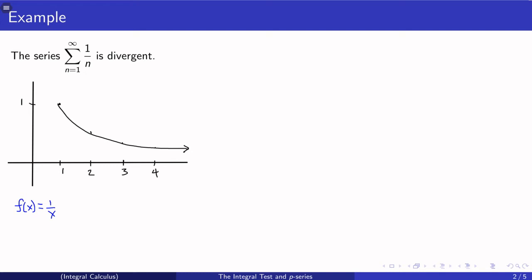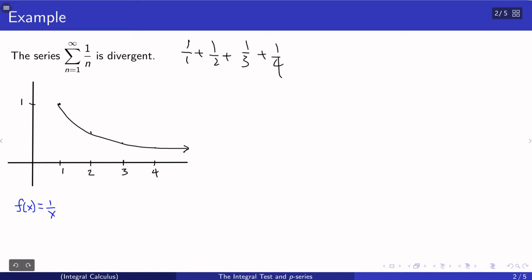Riemann sums for our definite integral, remember, they represent sums of areas of rectangles that we can use to approximate the area under the curve of f of x. So what does this sum represent here? Well, it goes to infinity, right? But let's not think about that for now. 1 over 1 plus 1 over 2 plus 1 over 3 and so on.